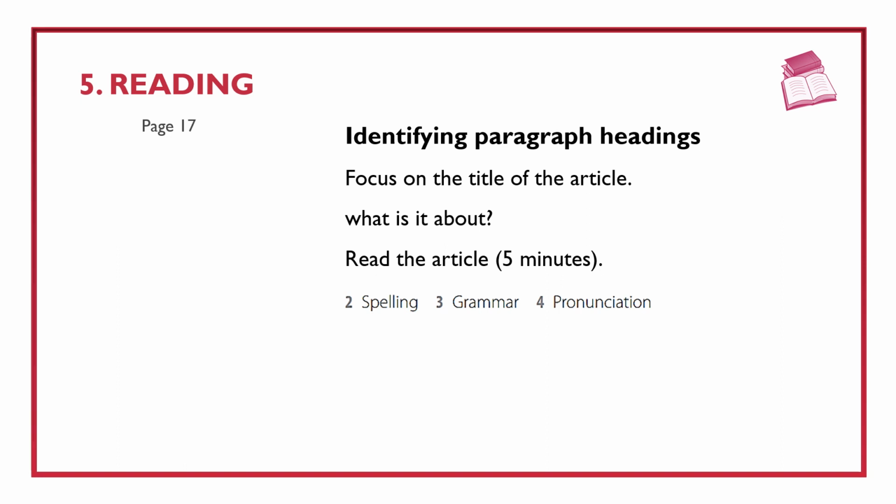We have title, which is the heading of the whole article, and we have headings for each paragraph, or 1 heading for each paragraph. So now I'm going to read this article for you, or if you'd prefer, you can listen to track 2.12. You can read the article and listen at the same time.